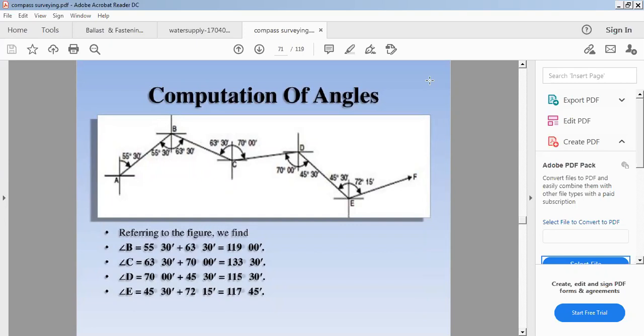In this case, we are adding back bearing and forebearing due to the quadrant system: 55 degree and 63 degree, you can see. Then 63 degree and 70 degree. You can also see the figure above, it will be more clear. 70 degree plus 45 degree.